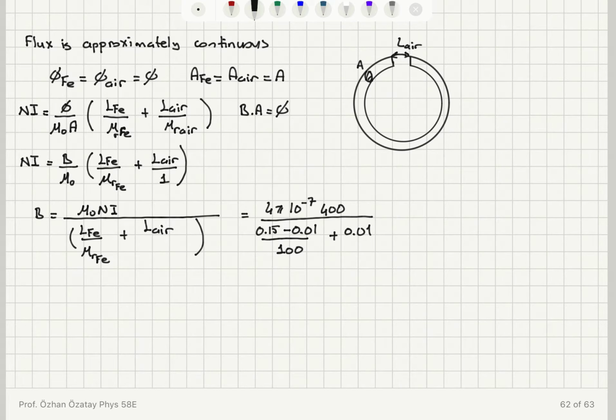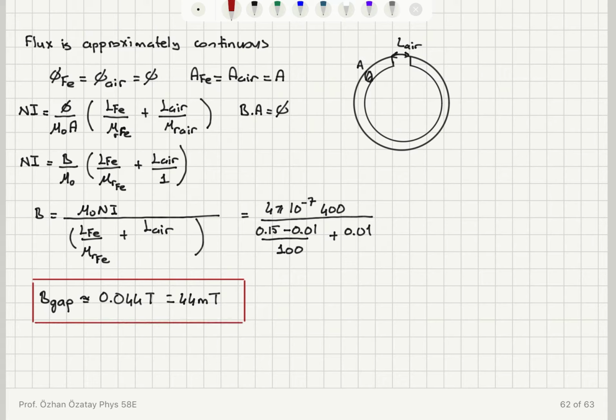So at the end I find the flux density in the gap to be 0.044 Tesla, or 44 millitesla approximately.